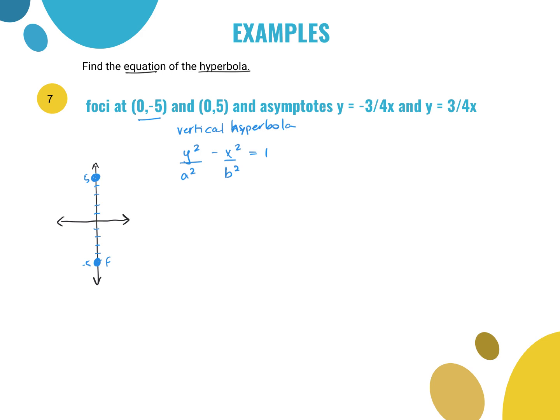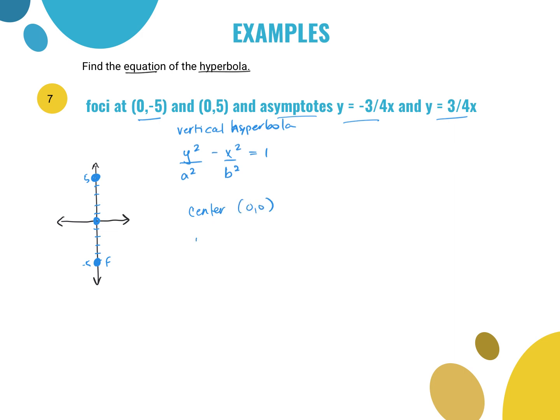So before I even move over to these asymptotes, what do the foci tell me? Well, remember, the C value is the distance from the center to the foci. First of all, I know that the center is in between, which would be at 0, 0.